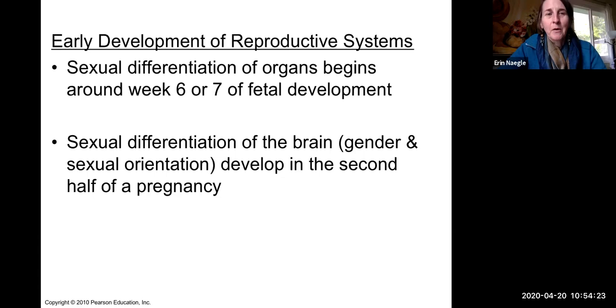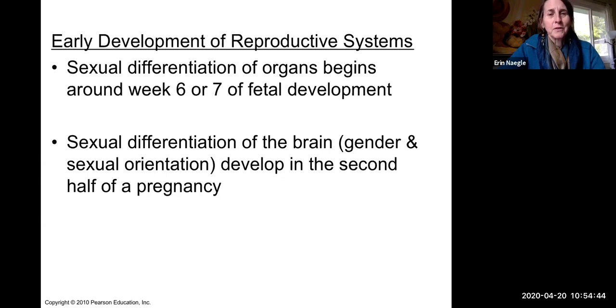And then sometime around week 6 or 7 of development, sexual differentiation begins, meaning that the organs of each reproductive system start to differentiate into either male or female organs. And then that continues to progress throughout the pregnancy.